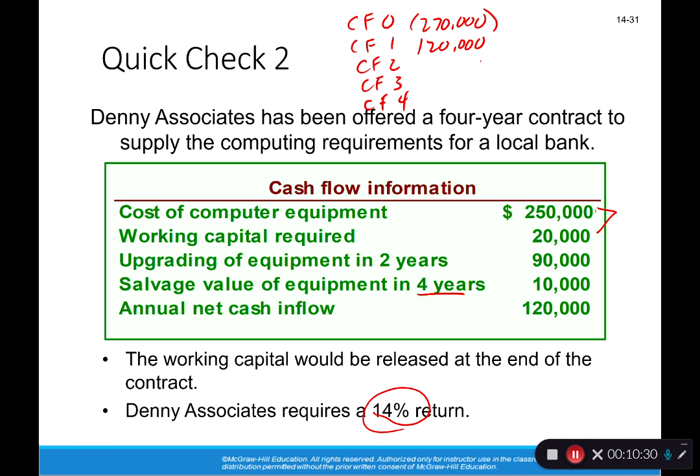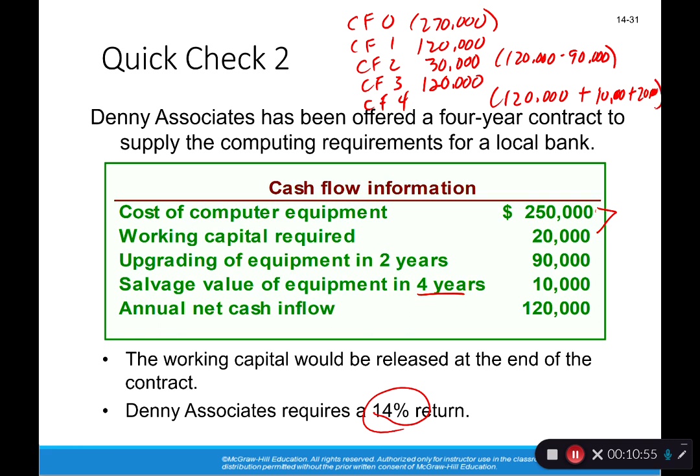Cash flow 2 would have been the 120 minus the 90 upgrade that we needed to spend. So that would be a positive 30. Cash flow 3 would be the 120 annual inflow. And cash flow 4 would be the 120 annual inflow plus the salvage value plus the working capital.